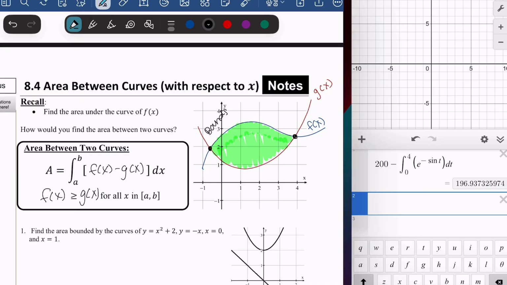In this case, the function on top of that shaded area is f of x, so that comes first. The function on the bottom of our area is our smaller function, and that's the function that we're always going to subtract. So in our case, we have f of x minus g of x, based on the position of the functions around that shaded area.